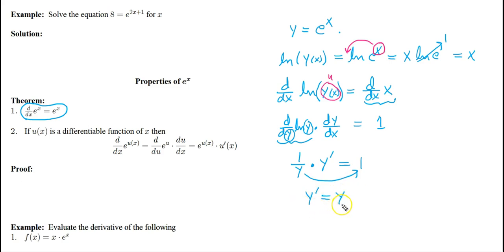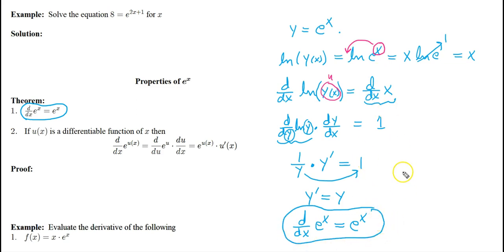Now what this equation tells us, remember y was e to the x, is the same as saying d dx of y, which is e to the x, equals y, which is e to the x, and we have our result. There you go.